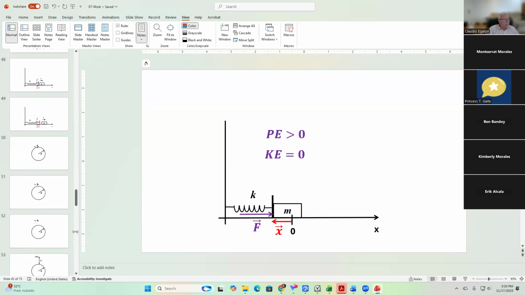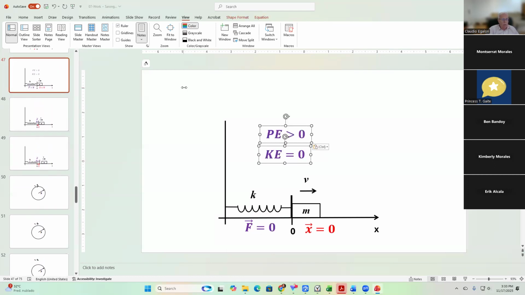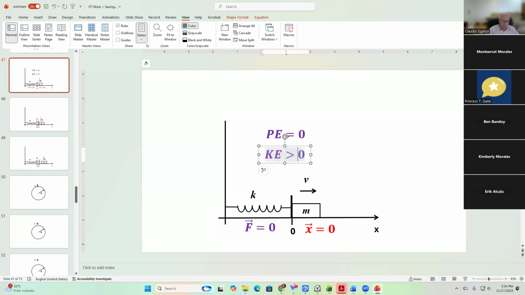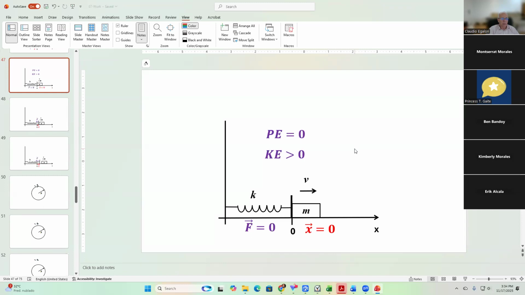And then when the mass loses contact with the plate, right here at this spot, potential energy becomes equal to 0, and the kinetic energy is going to be greater than 0.